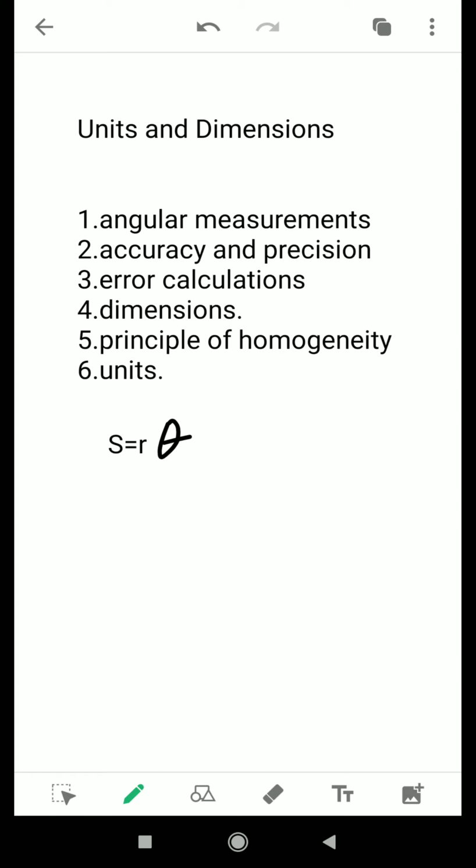Here we use this formula for measuring the radius of the sun and its distance from the earth.